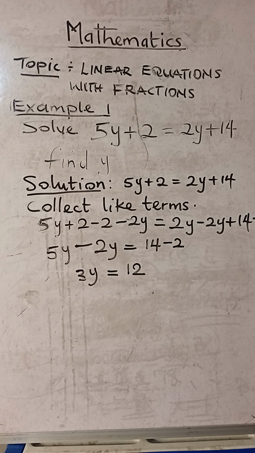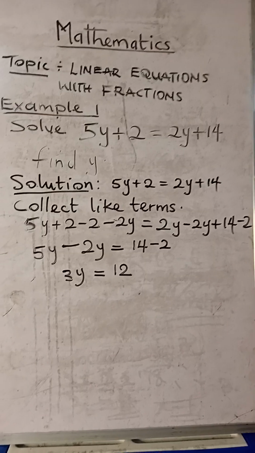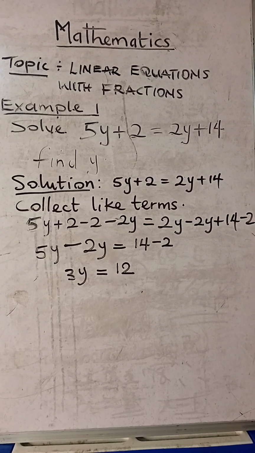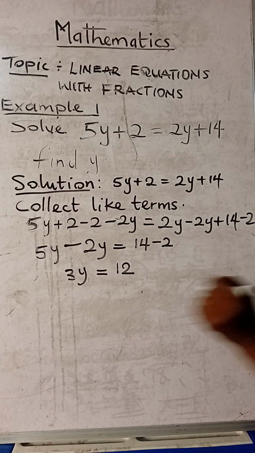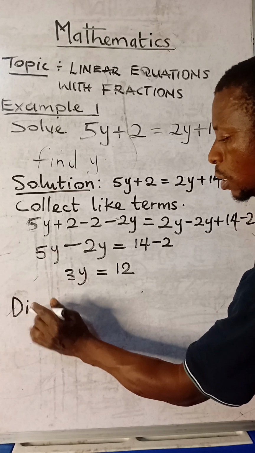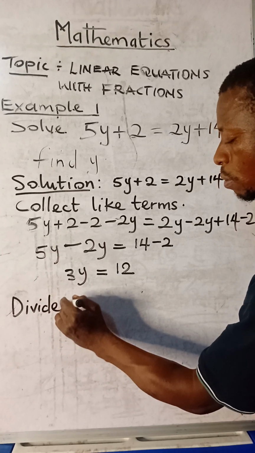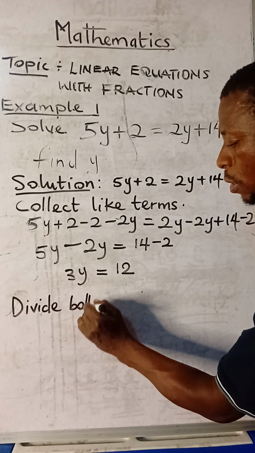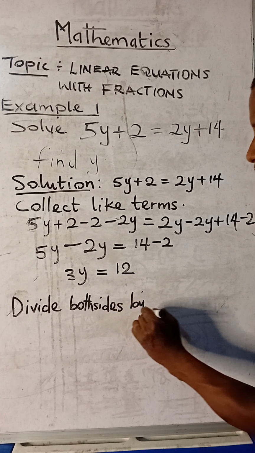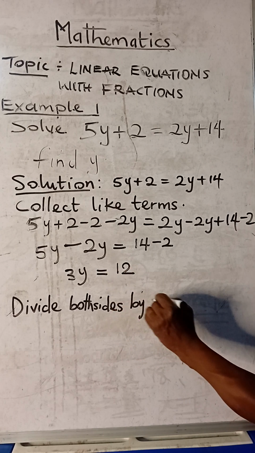Okay, having got that, we already know what to do from that expression. When you have this, we are looking for y. So what do you do? You divide both sides by the coefficient of y, which is 3.